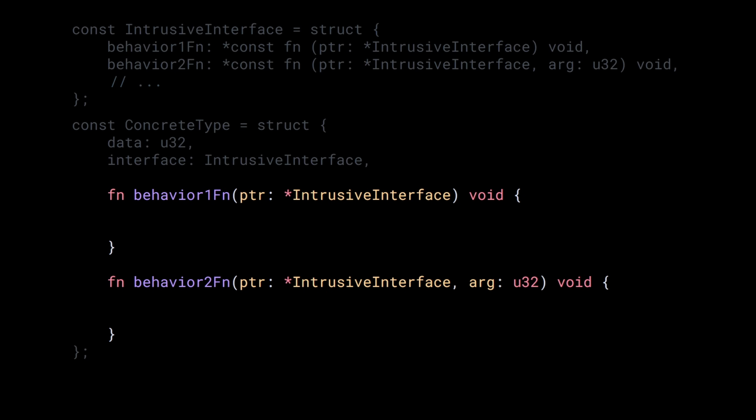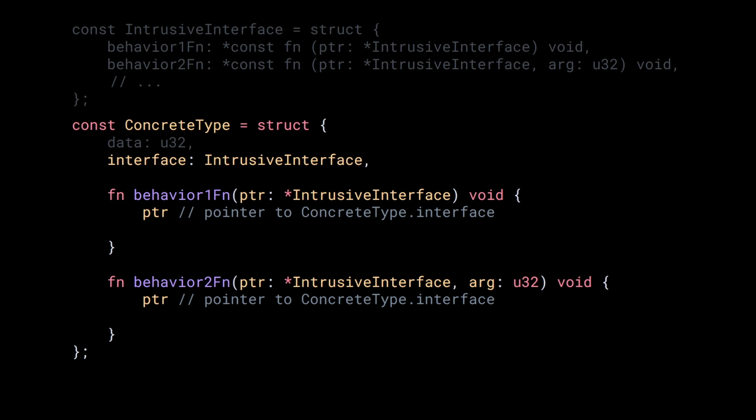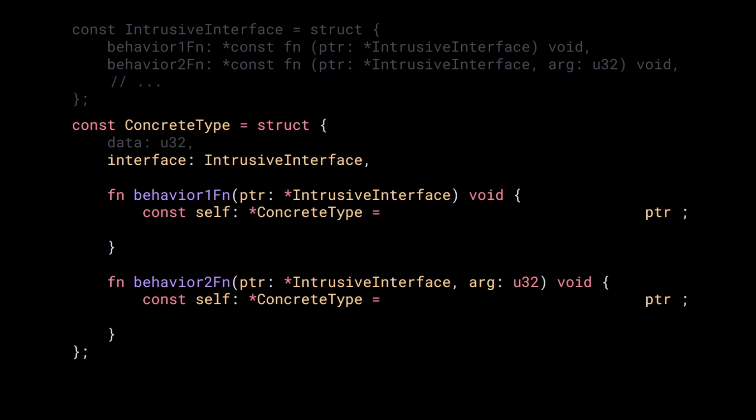You see, we have these functions that take an intrusive interface pointer, but we are not going to give them any arbitrary intrusive interface pointer. We are going to give them a pointer to the concrete type's interface field. So if inside these functions we know that we have a pointer to a field, then we can get a pointer to the parent struct using @fieldParentPtr, exactly like we saw previously.